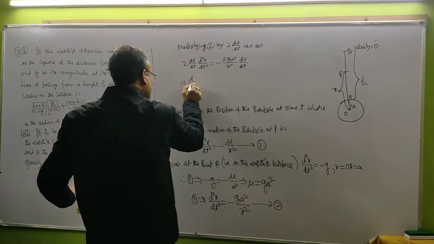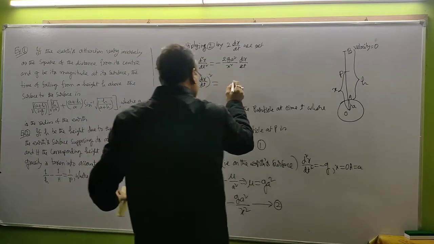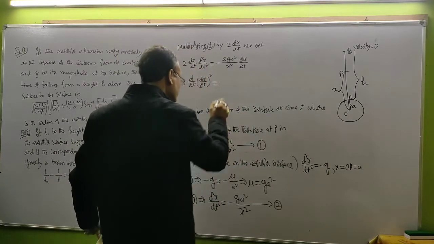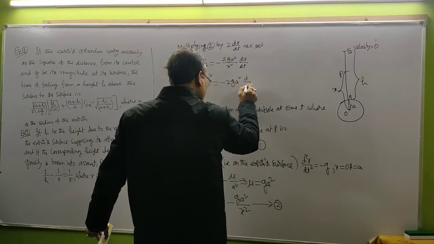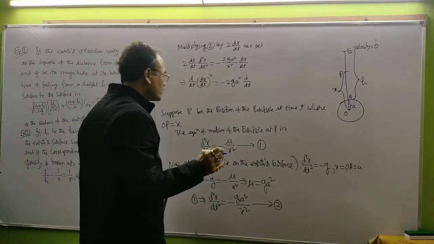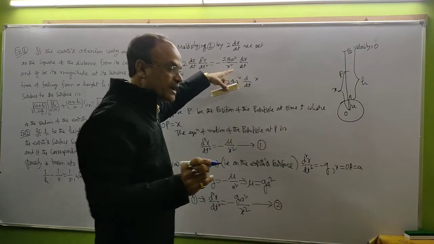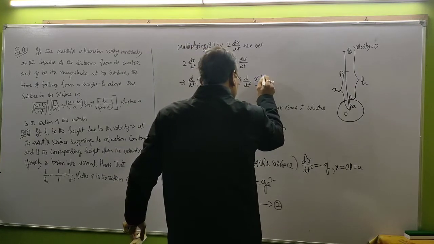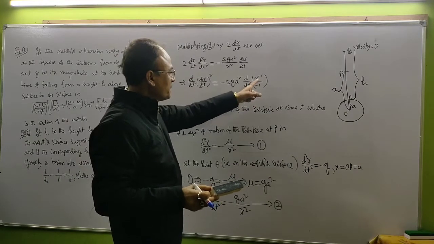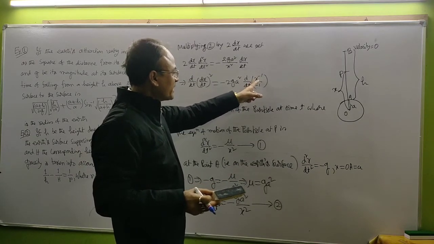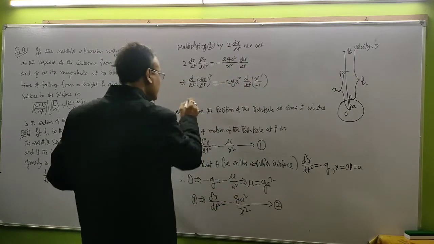This means d by dt of dx by dt whole square equals minus 2 g a square times 1 by x square dx by dt. If you integrate x to the power minus 2, you get x to the power minus 1 by minus 1. If you differentiate this, the minus signs cancel.